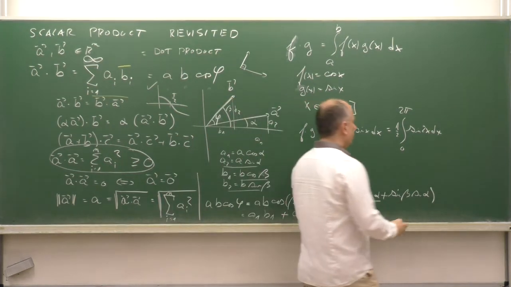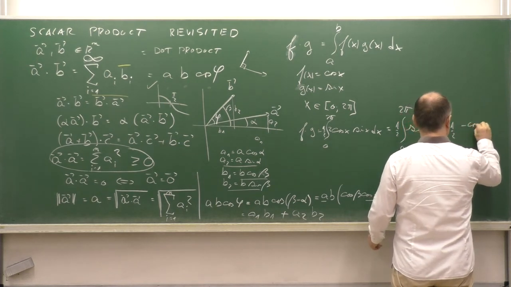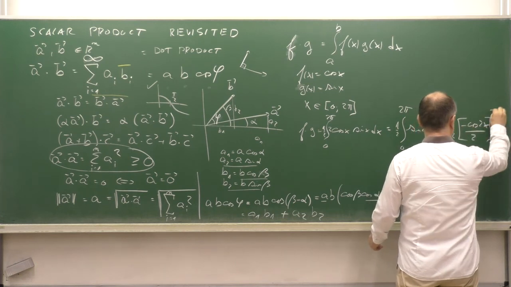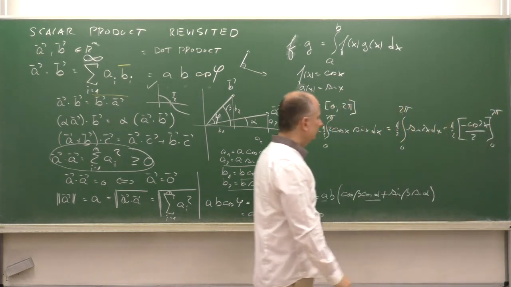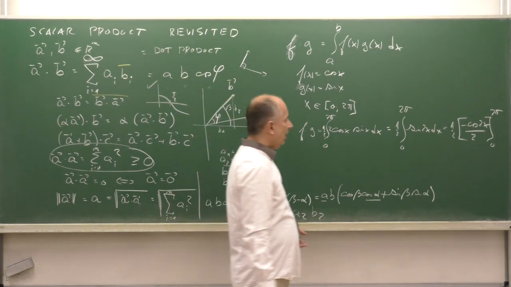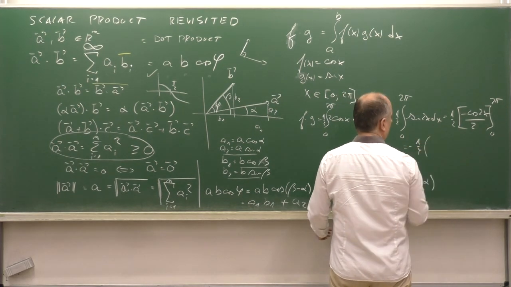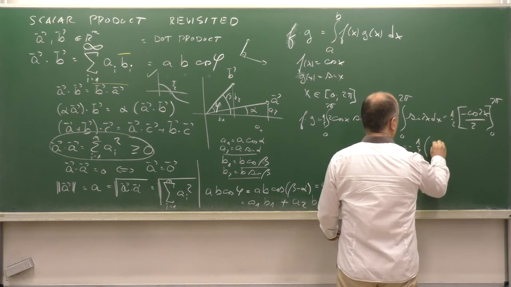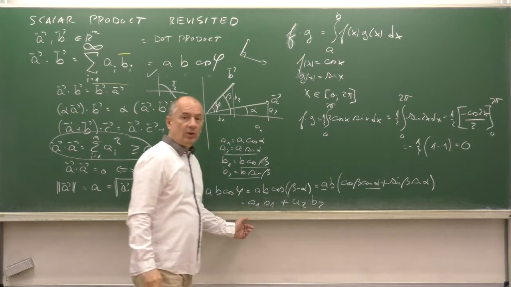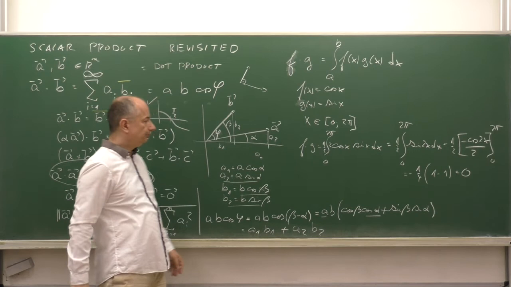And it is easy to find an antiderivative, which will be minus cosine of 2x over 2, and when we factor out minus 1/4, then we have 1 minus 1, which is 0. So the scalar product of these two functions is 0, so we say they are perpendicular.